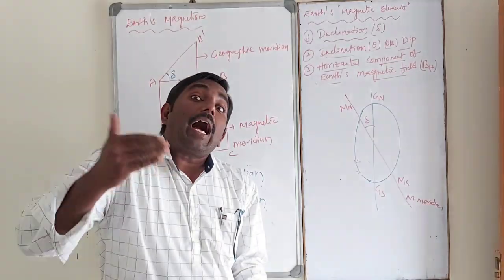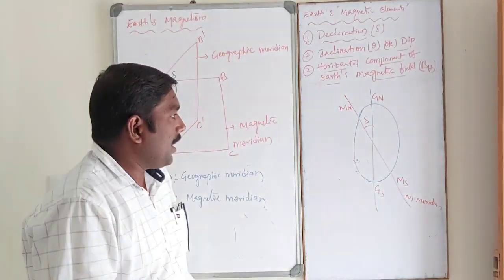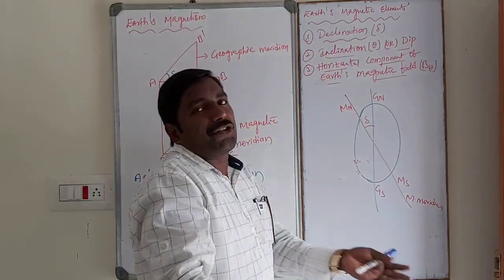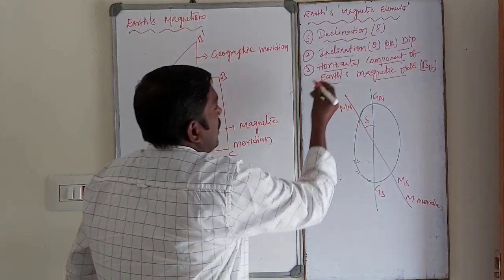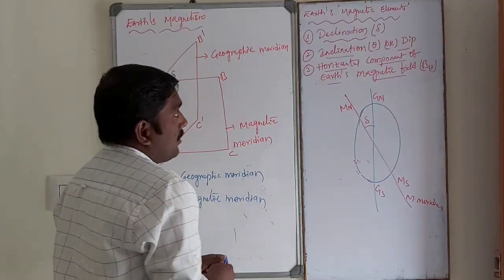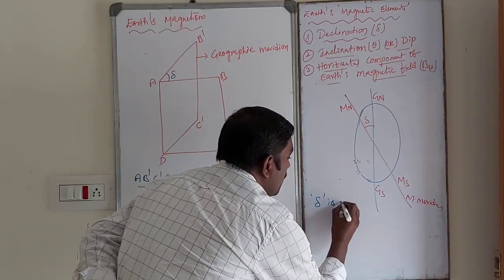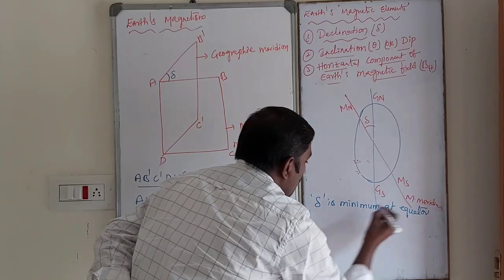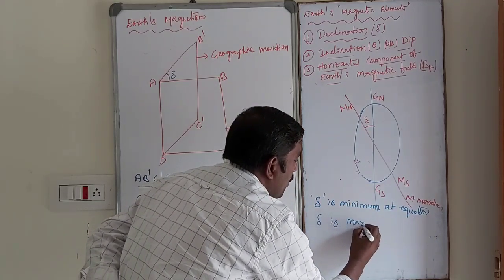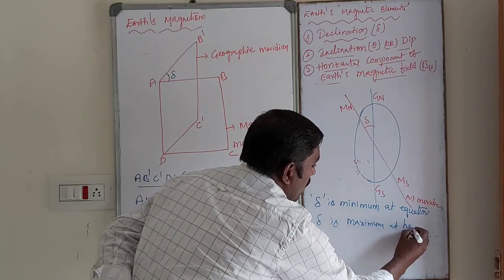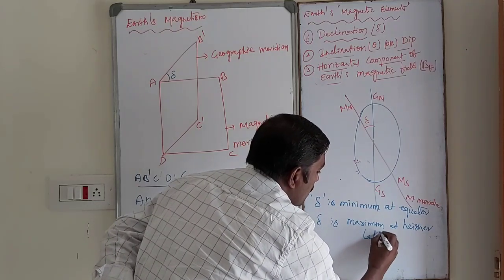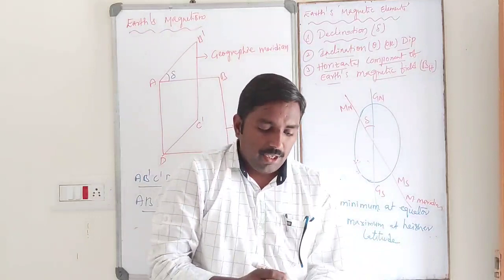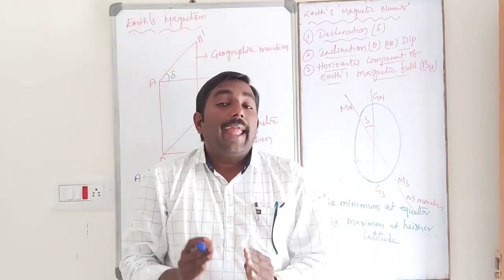The value of declination delta is minimum at the equator and maximum at higher latitudes.